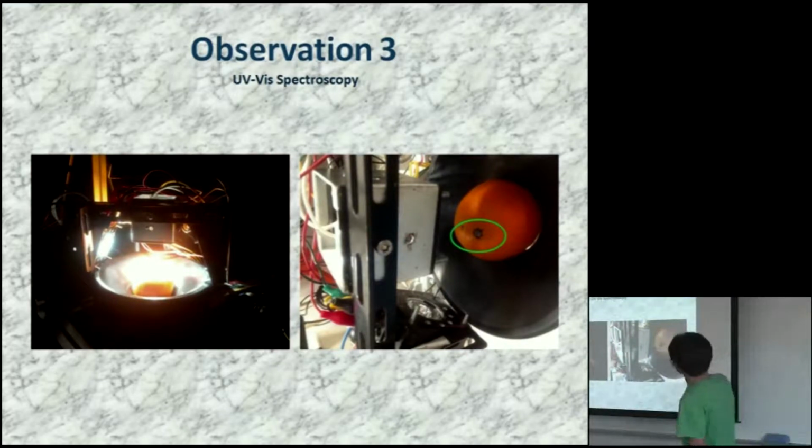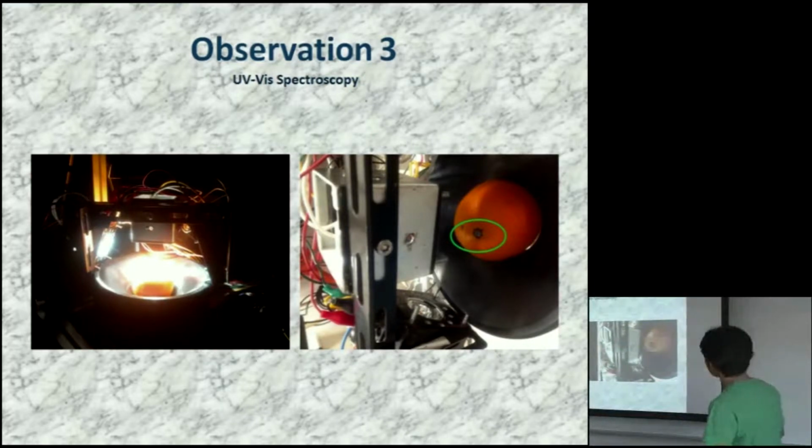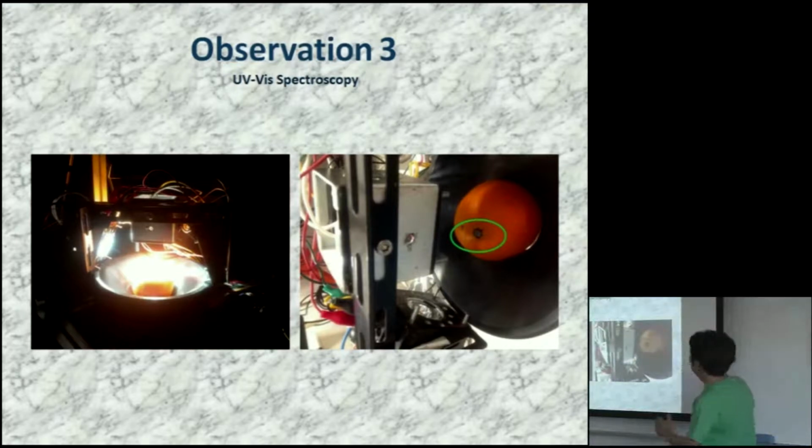But this is the problem: because of the higher region, the temperature is very high and makes the juice burn.